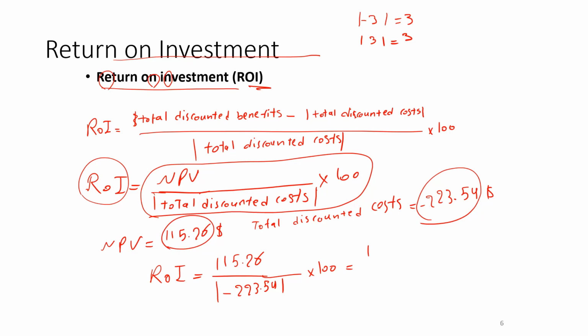Absolute of a negative number is the positive of that number, so absolute of negative 223.54 is 223.54, multiplied by 100. If you calculate, this is equal to 51.5%. So the ROI for this 2-year project is 51.5.